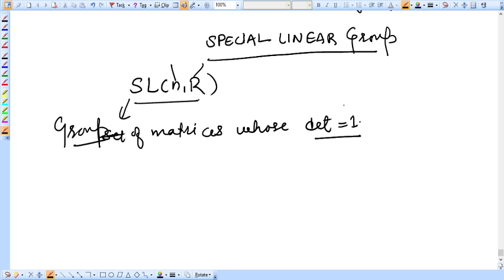We are going to prove now that this set forms a group, right? Or in the question you could be asked, prove that SLNR is a non-abelian group under matrix multiplication, right?